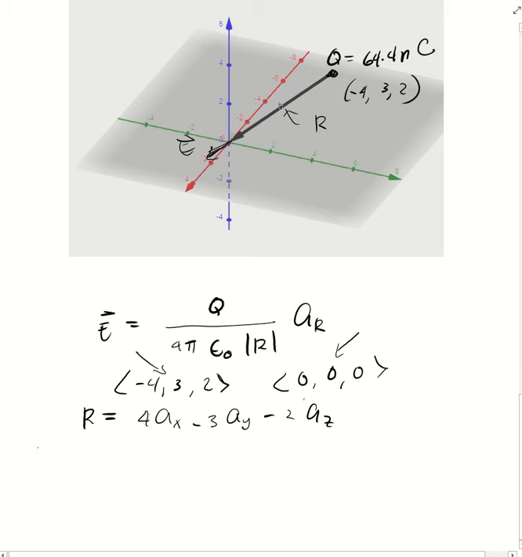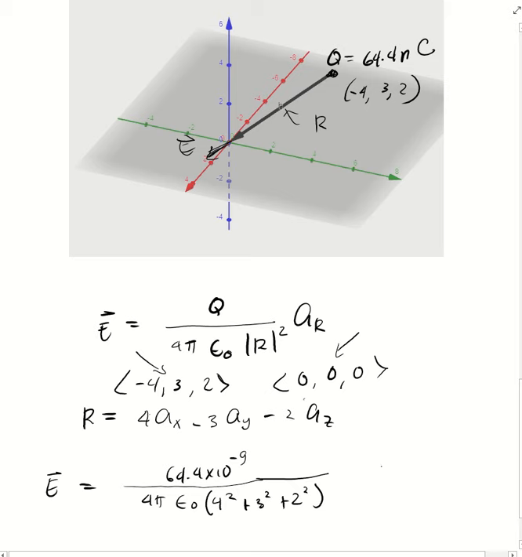And to solve for the electric field now, this will be equal to Q, which is 64.4 times 10 to the negative 9, it's nano, all over 4 pi epsilon, this is constant. Then you multiply it with the magnitude of R, and that is the square root of this, and you square that, which is simply 4 squared plus 3 squared plus 2 squared. I forgot, you need to square this one.